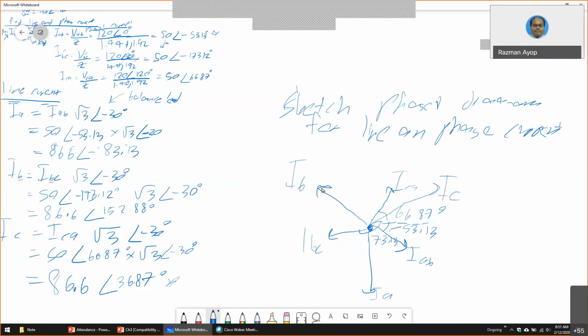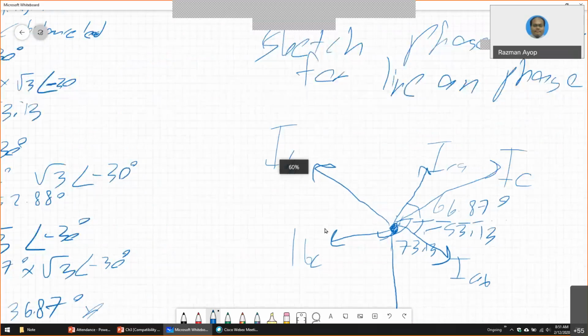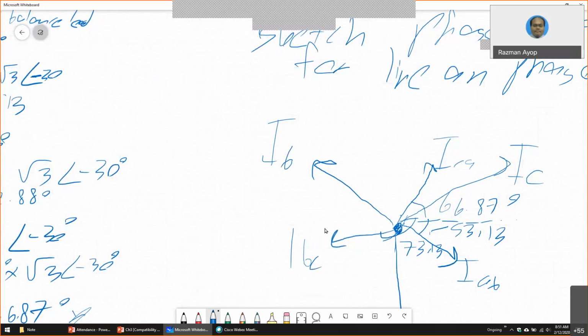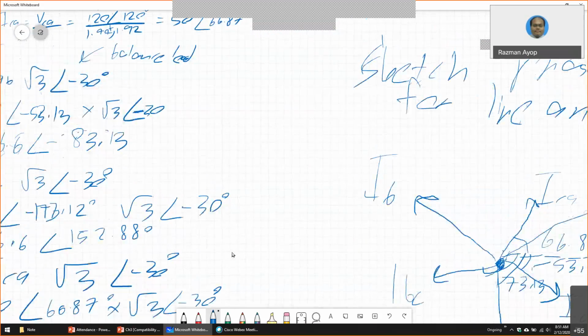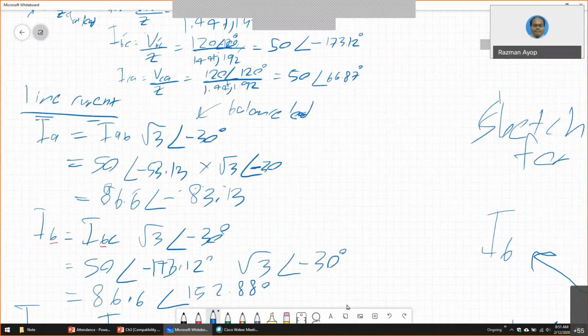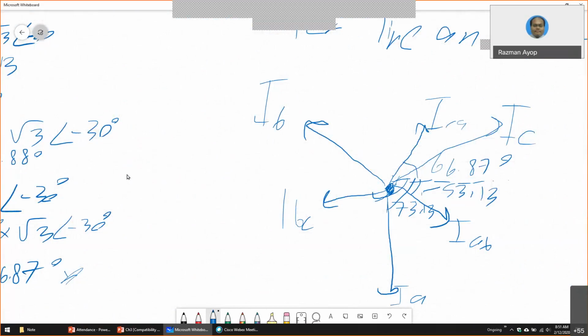Make sure you put the labels. The drawing pad is not very accurate, so make sure you put the angle. Okay, 83.13. Make sure you label everything.